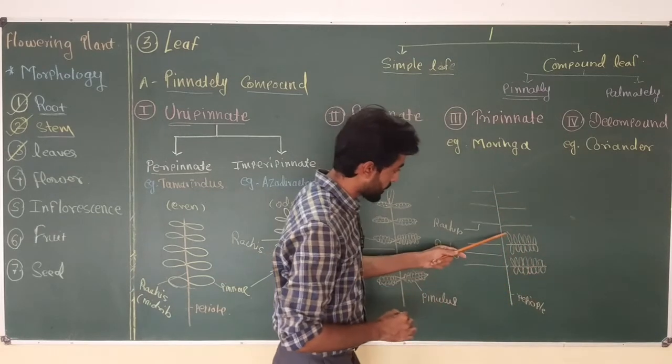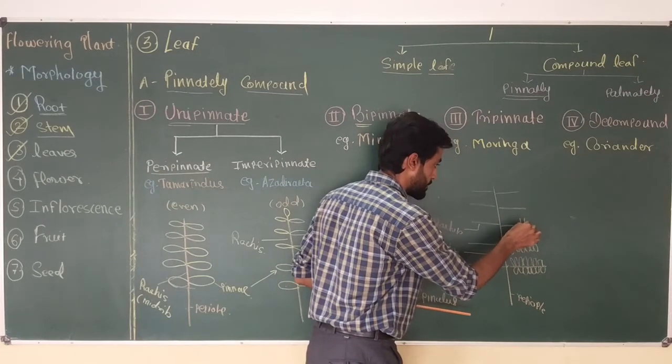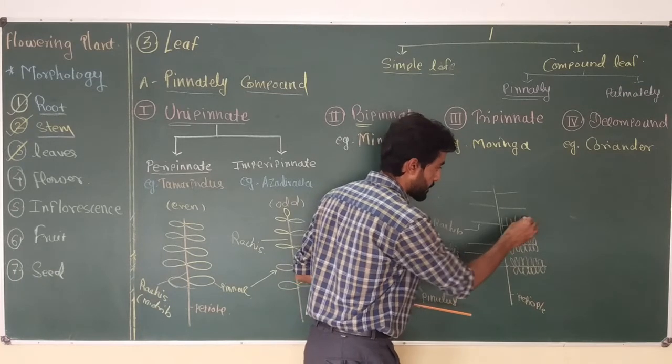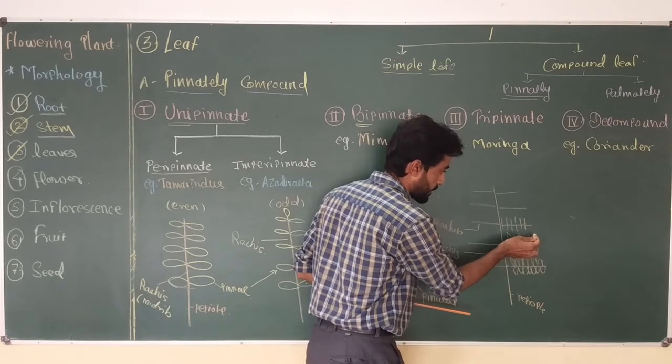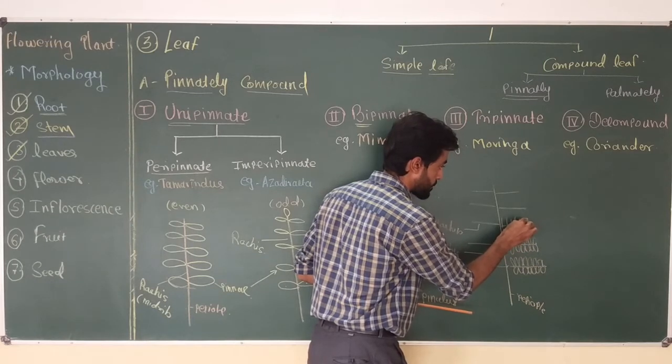Now a third cut takes place in the pinnules and due to which this thing happens. This is the main branch or central line of the pinnule, and now due to the cutting of the pinnule this type of structure is produced.